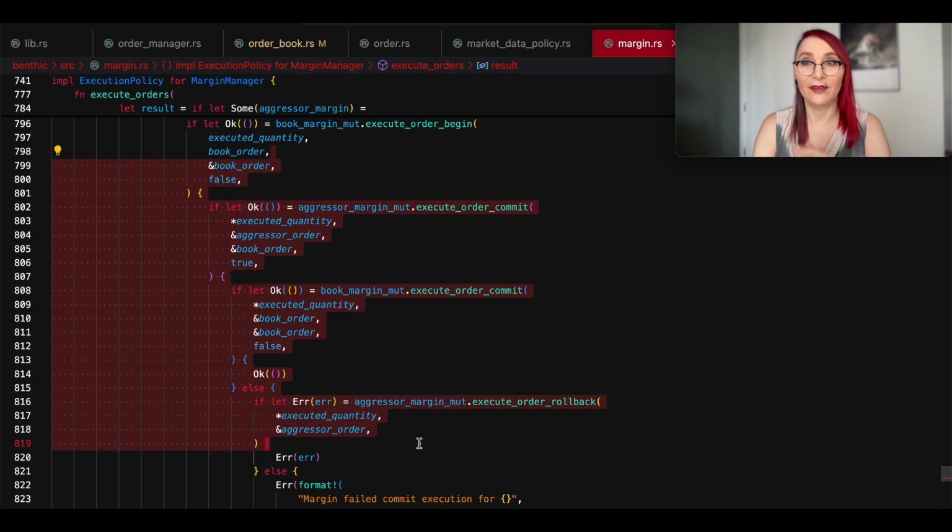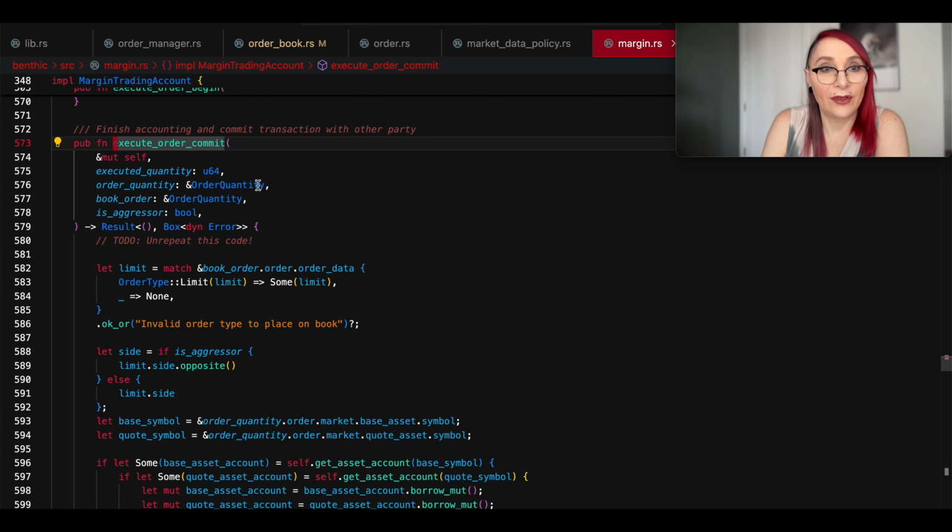So what does this commit do? You can see that the commit takes the quantity that was executed, and then it takes both orders, the order that's on the book and the order which is being executed here. Okay, so let's check again. We commit for both accounts.